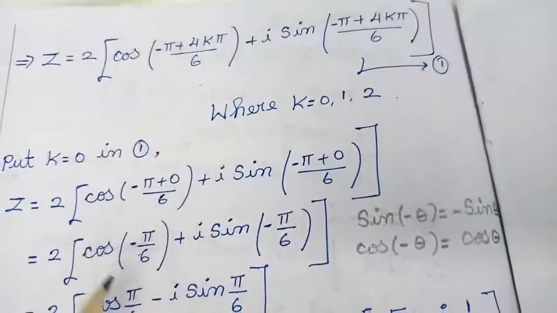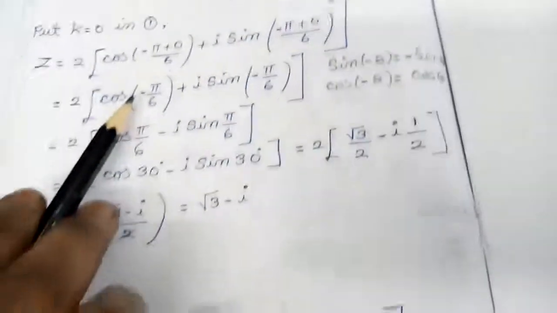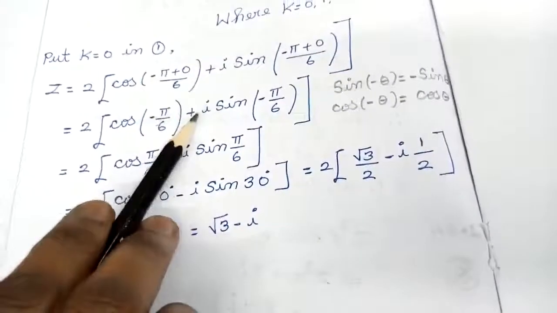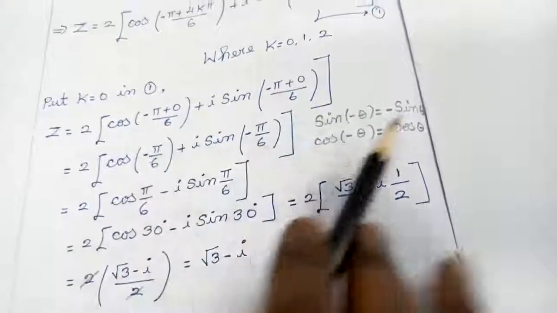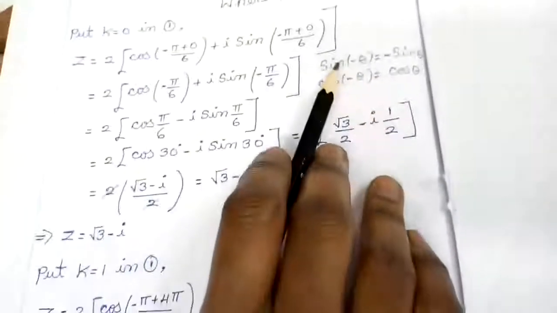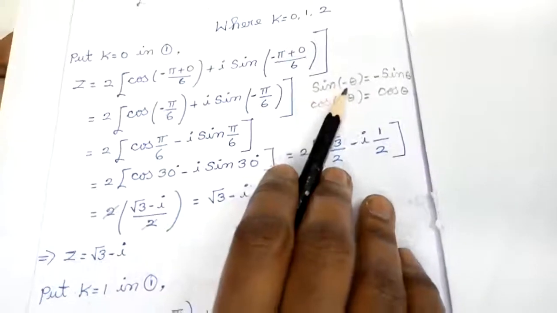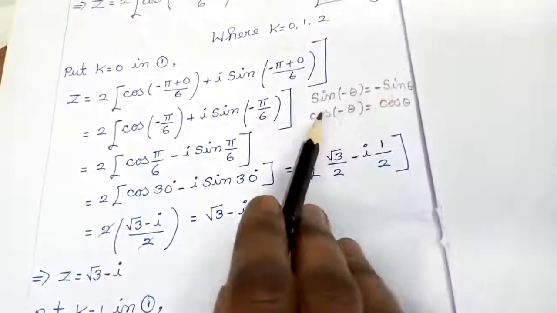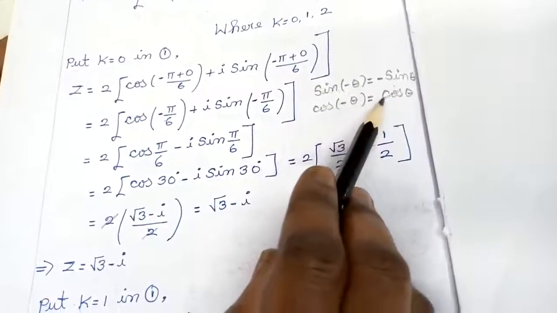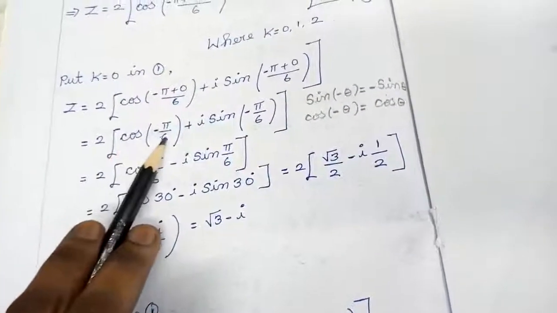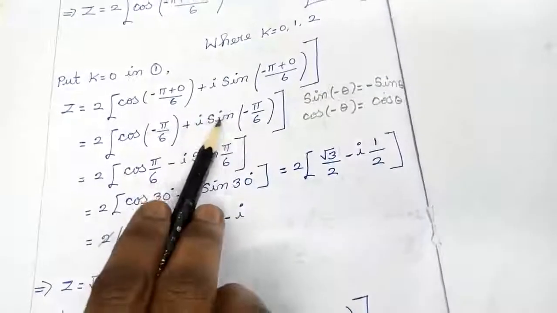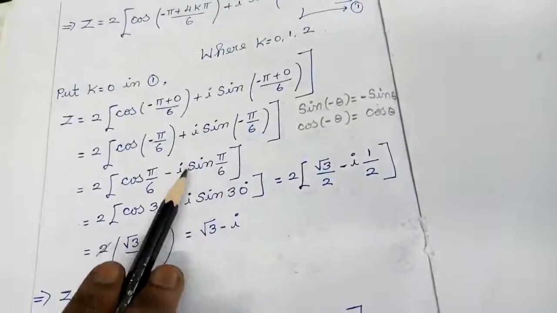After replacing, I will be getting a value like this, cos minus pi by 6 plus i sin minus pi by 6. In this place, you have to keep this property in your mind, that is cos of minus theta is cos theta, sin of minus theta is minus sin theta.